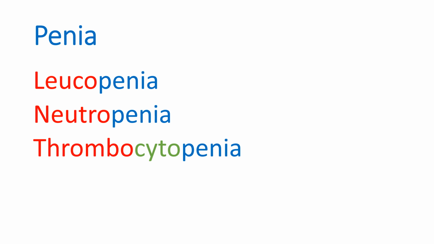And a thrombocytopenia will be a deficiency in the number of thrombocytes, that is the platelets in the blood. All these things are very important to know about clinically, of course. A leukopenia or a neutropenia will predispose to infection. A thrombocytopenia will predispose to bruising and hemorrhage and reduced blood clotting.